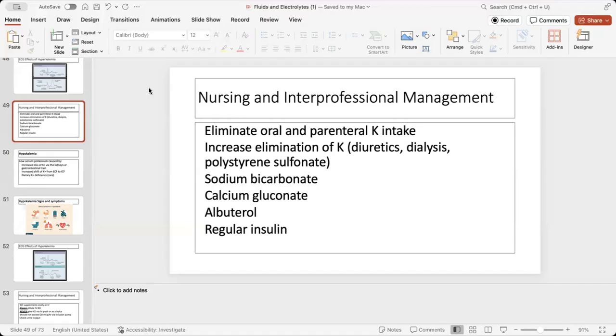Your potassium binders, like sodium polystyrene sulfonate. Those will remove potassium, it's just not going to happen quickly. Remember, regular insulin and albuterol shift that potassium in the blood into the cell. That's where most of the potassium is kept, in the cell. Know how to treat a high potassium level.